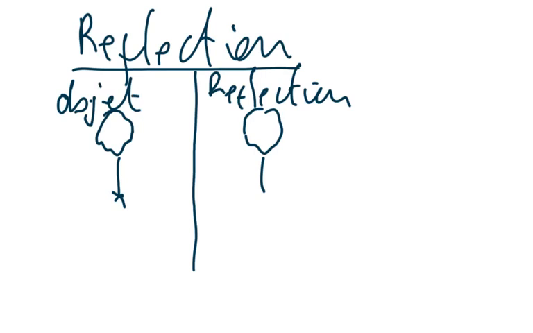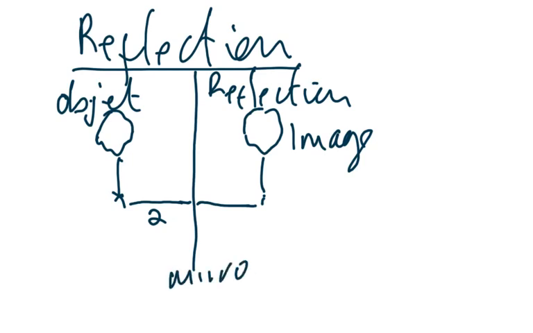And every point on the object is going to move exactly the same number of units from the mirror line to the image. That's our image. That's the object. So if this is 2 units from the mirror line, that's A. A prime will also be exactly 2 units from there.